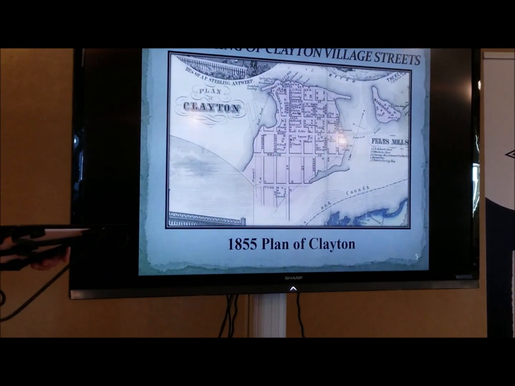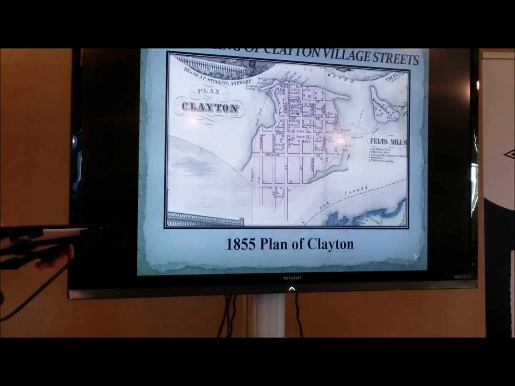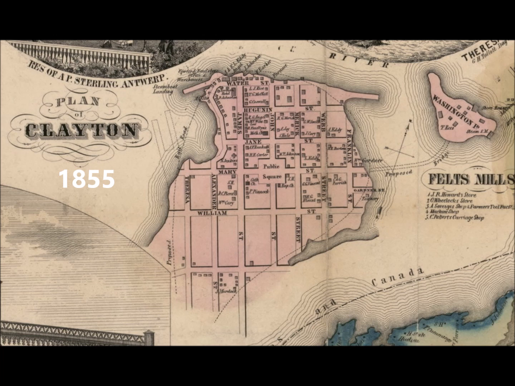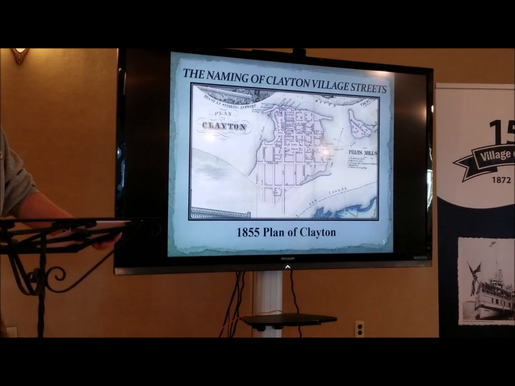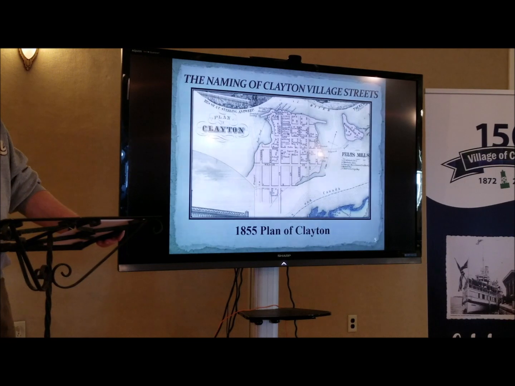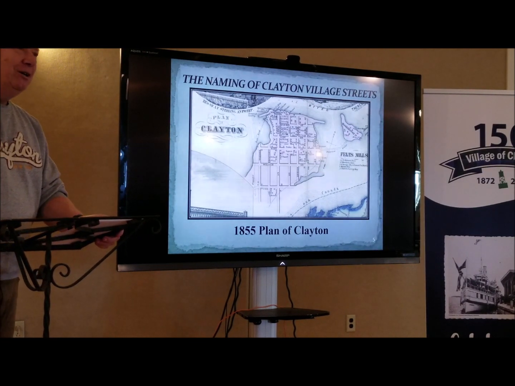All right, 1855 map of Clayton. I do not have this one blowing up, but you can see it here. Some of the streets remain the same name. Sometimes we see streets that change, and we don't always know why they changed.